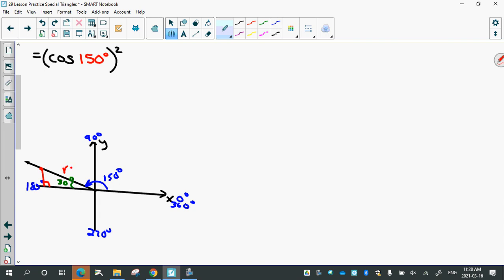X is negative root 3 over 2, and y is positive 1/2. Does that make sense?